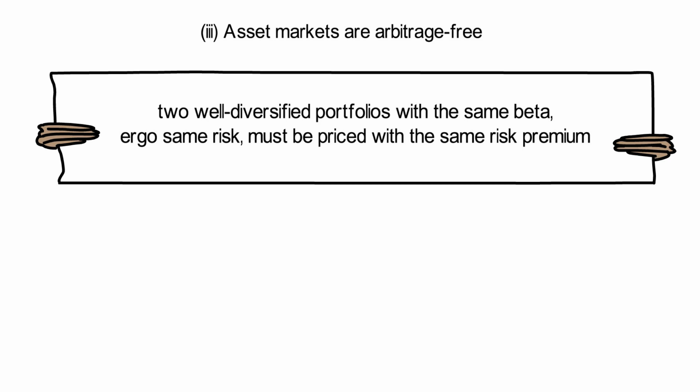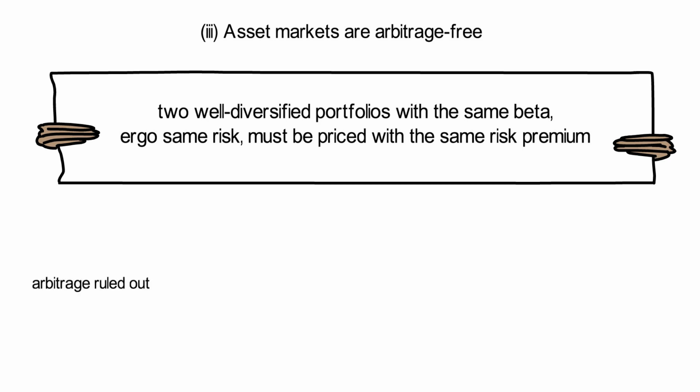Otherwise, one could create a long-short portfolio where the portfolio with the lower expected risk premium, hence the higher price, is shorted, and the portfolio with the higher expected risk premium, hence the lower price, is bought. Such a long-short trade would earn the spread of both risk premiums without any variance.